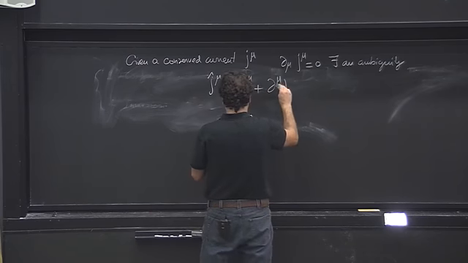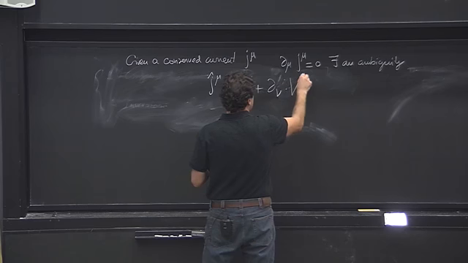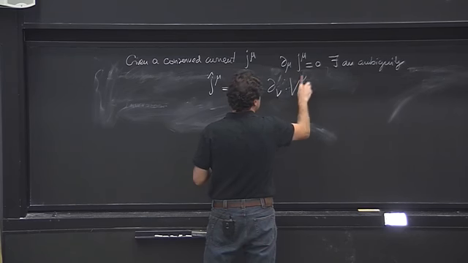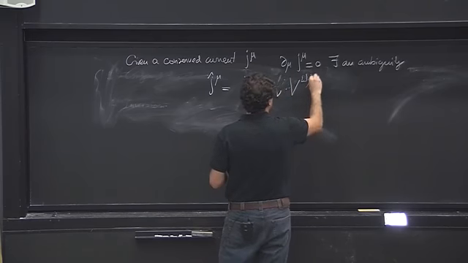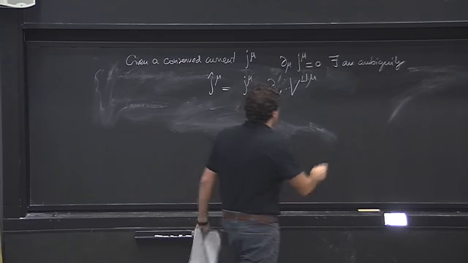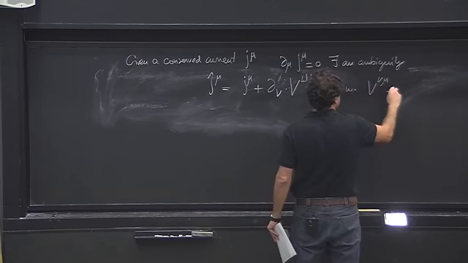I want to write it like this: partial nu V nu mu, with the property that V nu mu is antisymmetric.